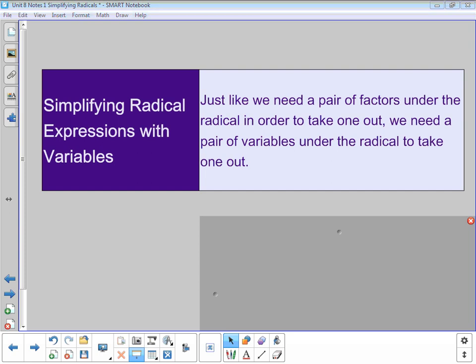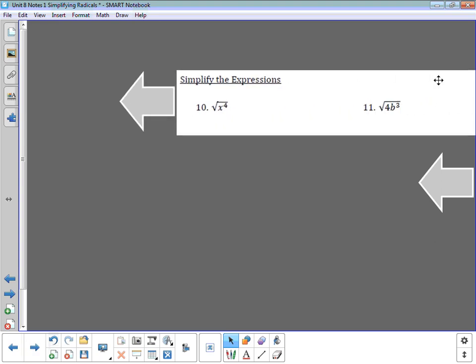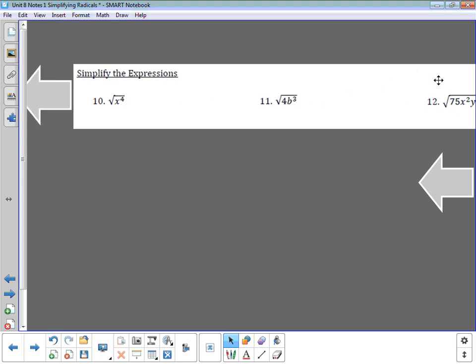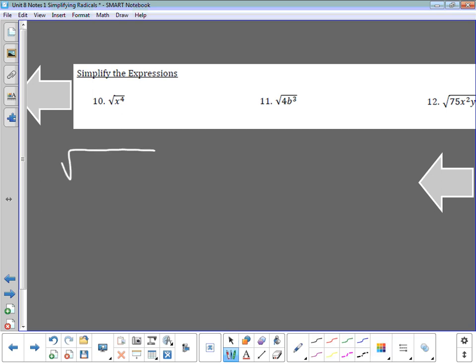All right, so let's move on and try number 10. Now in number 10, we have the square root of x to the 4th. Now, we all know that x to the 4th is the same thing as the square root of x times x times x times x. That's 4 x's there. So now, just like with the numbers, I need to look for pairs.